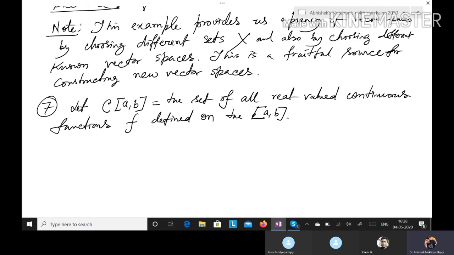And then we must attempt to define addition and scalar multiplication. So what is vector addition?